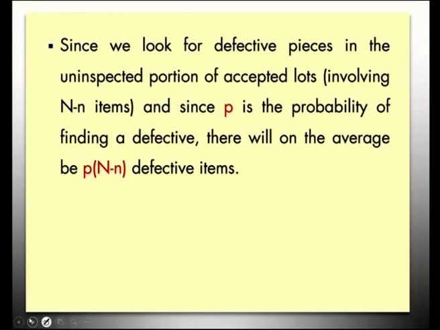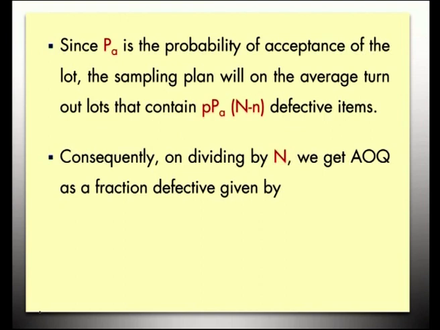Now, since we look for defective pieces in the uninspected portion of accepted lots involving N minus n items, and since P is the probability of finding a defective, there will be on average P into (capital N minus n) defective items. Since PA is the probability of acceptance of the lot, the sampling plan will on average turn out lots that contain P into PA into (N minus n) defective items.